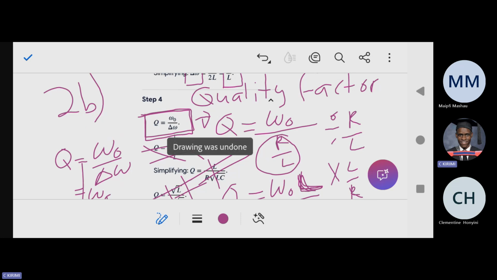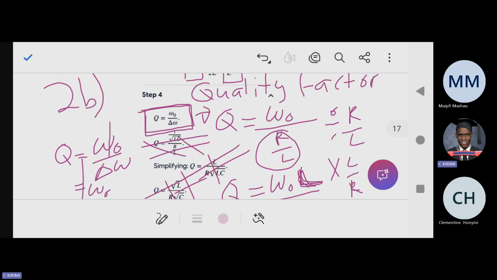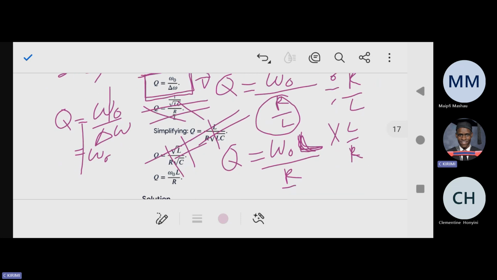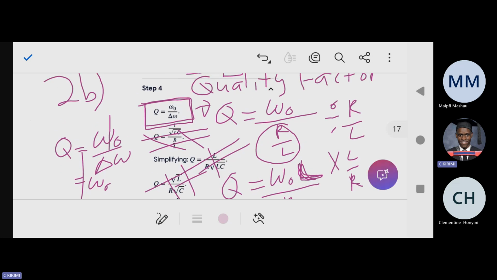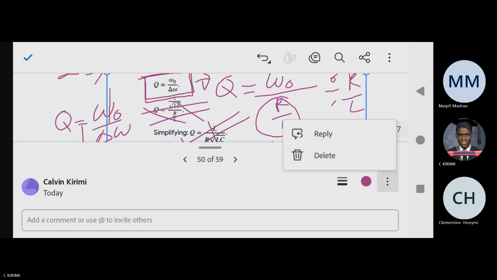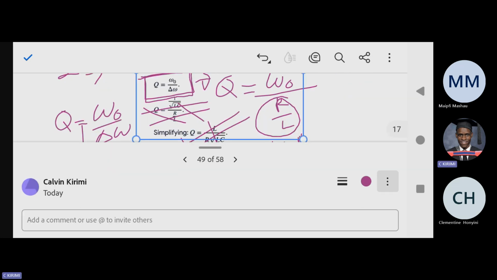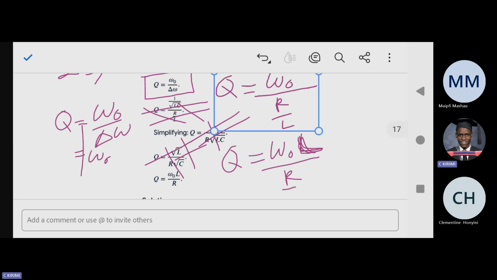It's just a merry-go-round. You replace R, L over R, root of LC. Then you come back again to what you already replaced here, which is not relevant. However, if you want to write it like this, you are still welcome.